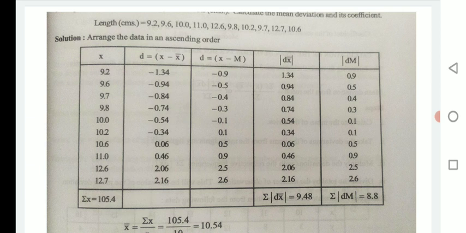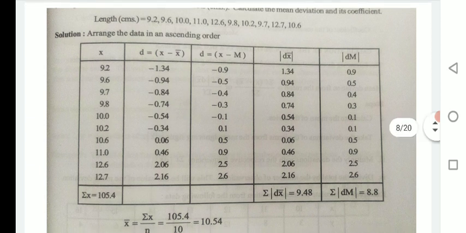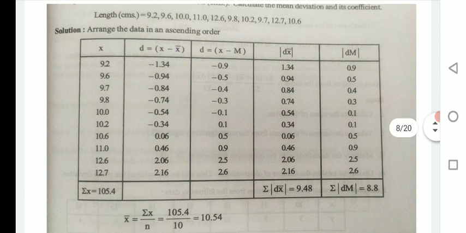The first column is represented by x, and in that you can see the data is arranged in ascending order, that is 9.2, 9.6, 9.7 up to 12.7. Here the entire column total is given, that is summation x, and it is 105.4. Then next we have to find the mean, and the mean for this problem is 10.54.